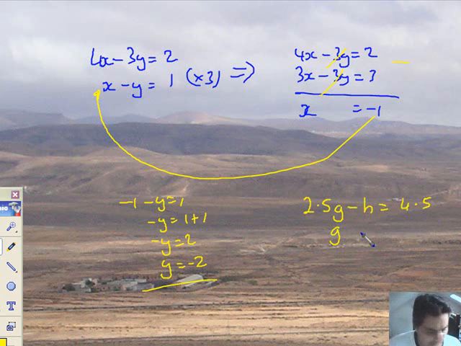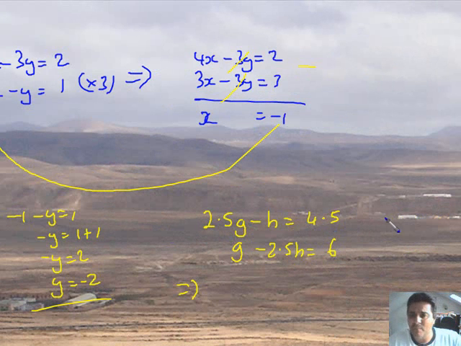And I've got g minus 2.5 h's comes to 6. Well, what I can do is to double up everything and just get rid of the 0.5s, or I can just work with it. Now, let me do that first so it looks neater on the eye. If I multiply everything by 2 here, this is what I'm going to get.